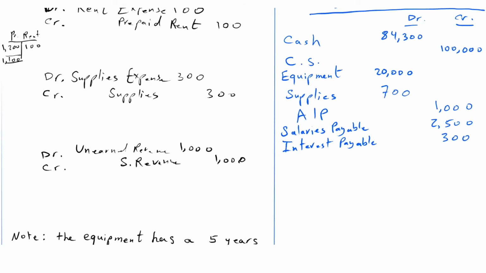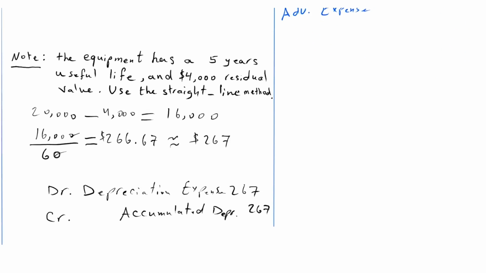Service revenue, accounts receivable, and advertising expense. Did anything change to any of those? So service revenue, let's just go down.